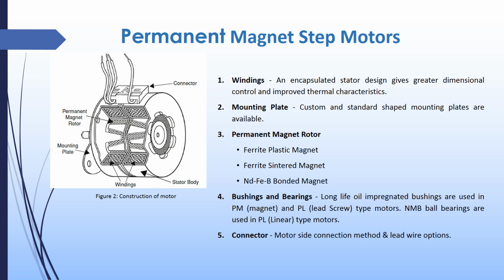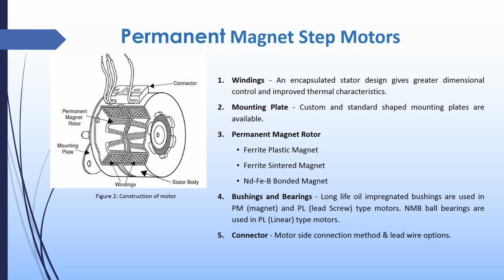The permanent magnet motor is shown in figure 2. There are several parts like the winding, mounting plate, the rotor, brushing and bearing, and the connector. Winding is an encapsulated stator design giving greater dimensional control and improved thermal characteristics. And the mounting plate has custom and standard shape options.